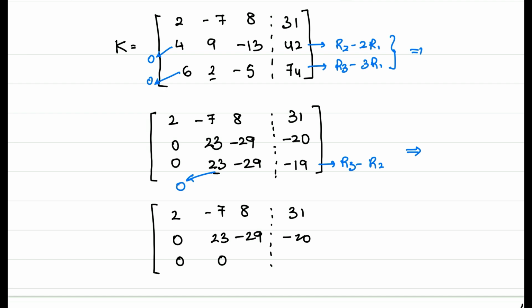Minus 29 minus 29 is 0. And minus 19 minus minus 20, that means plus 20 minus 19, that is 1. This is simple arithmetic.